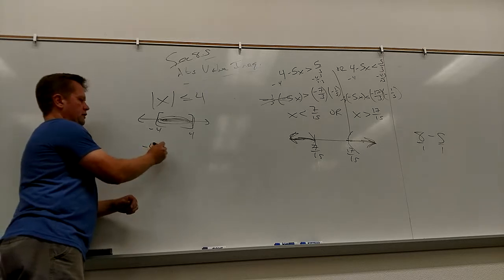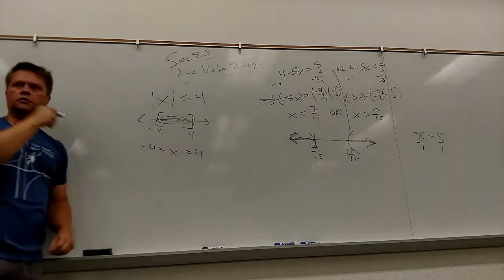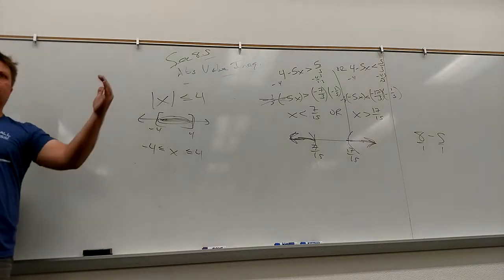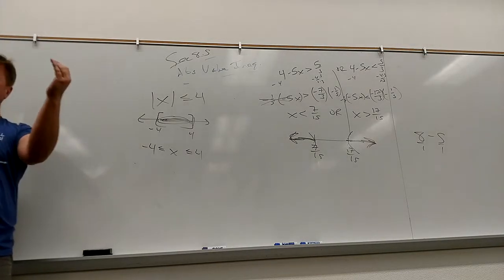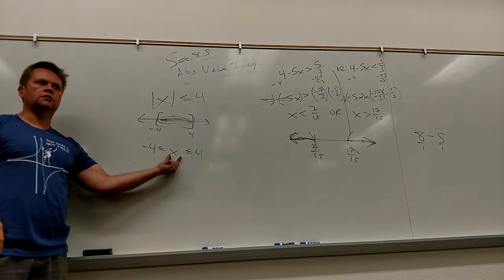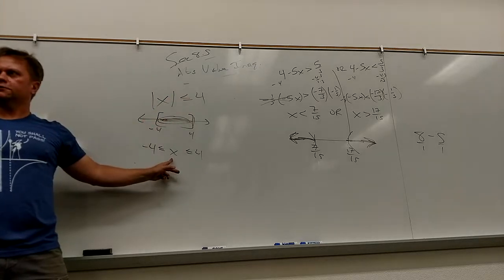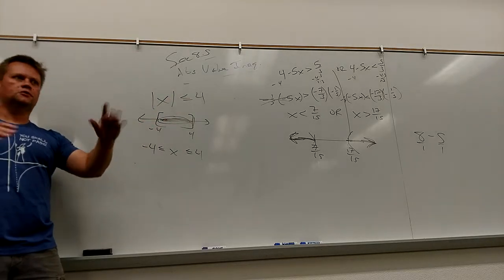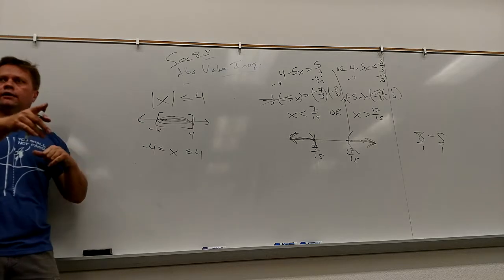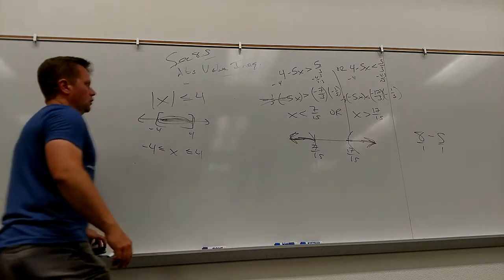So -4 is less than or equal to x, which is less than or equal to 4. That's what sandwich looks like in pure algebra, right? The answers are sandwiched between -4 and 4. Less than or equal to will always be written like this. So let's do an example like that, and then I have a handout so I can finally shut up and just let you guys try some on your own.